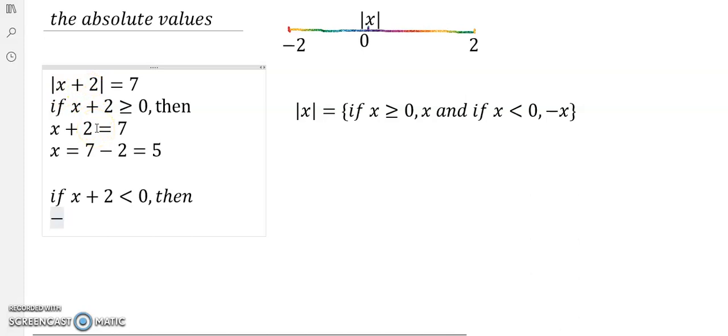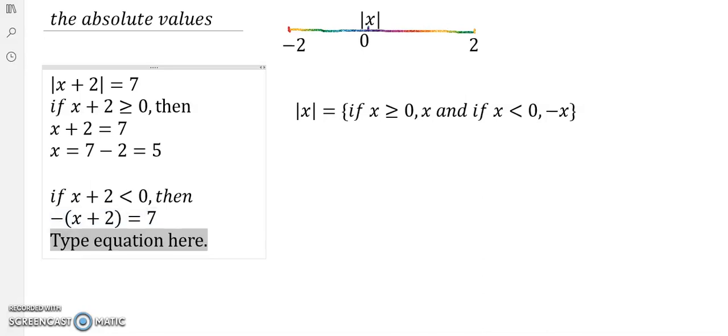Then we're gonna have negative of x plus 2 equal to 7. Distributing the negative into the parentheses, we're gonna have negative 2 minus x equal to 7.